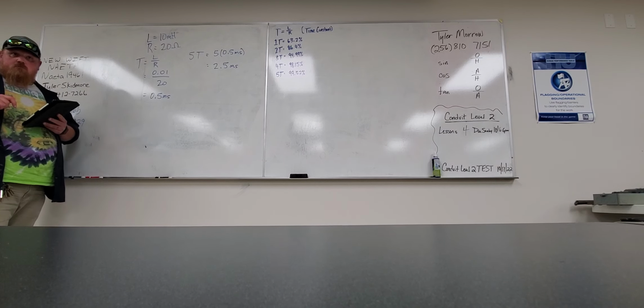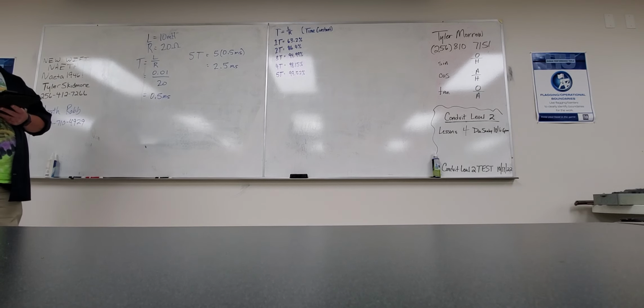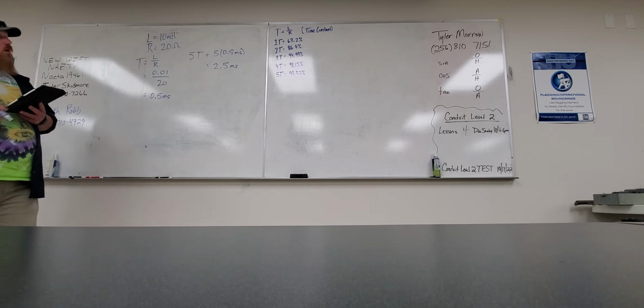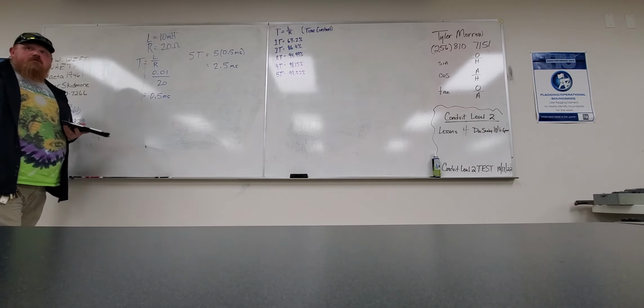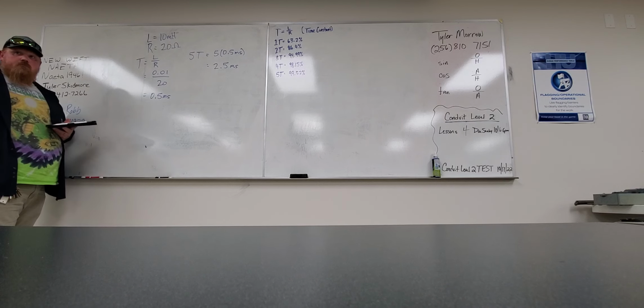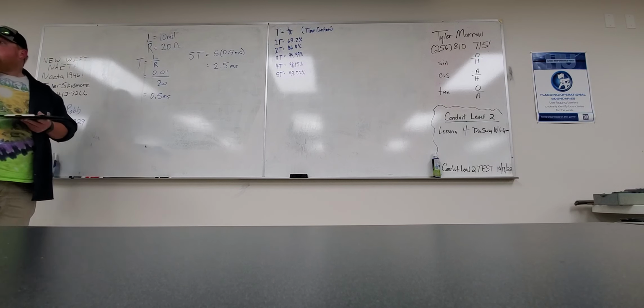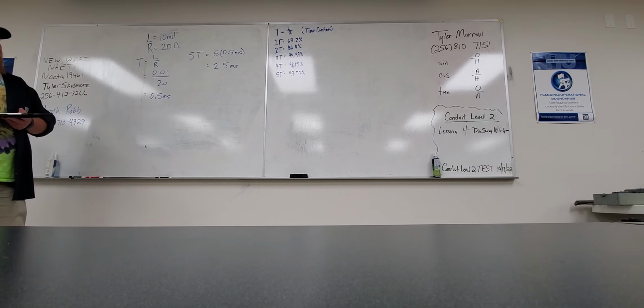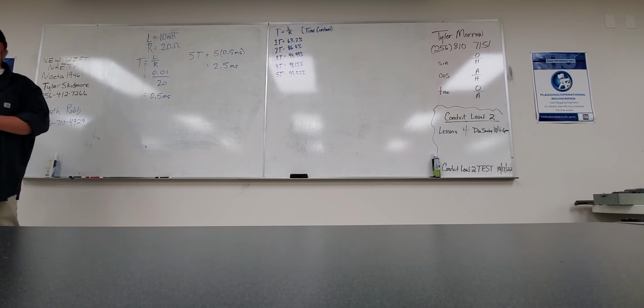Y'all good with that? Why did you turn it into .01? So it's in millihenries. Okay, just convert that into henries. Y'all know how to convert from milli and micro to the base, right?